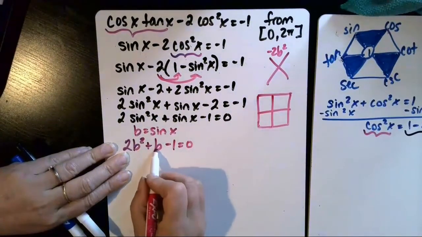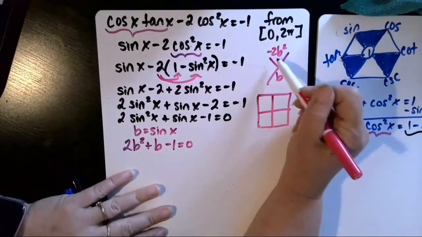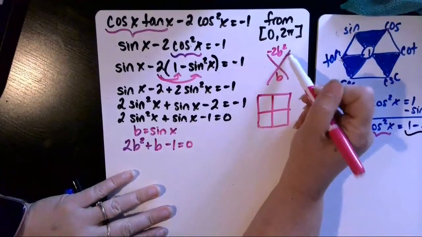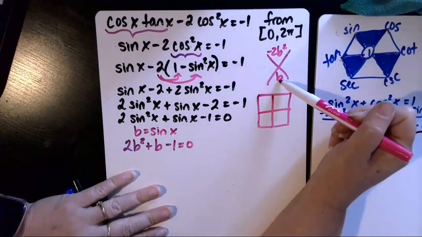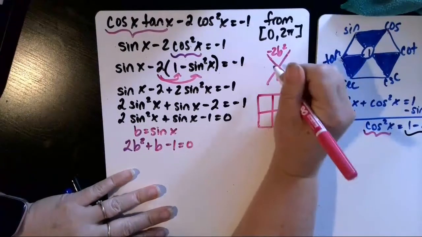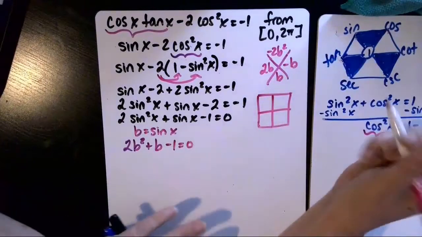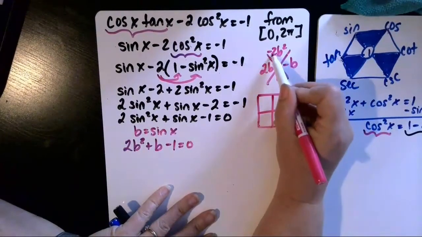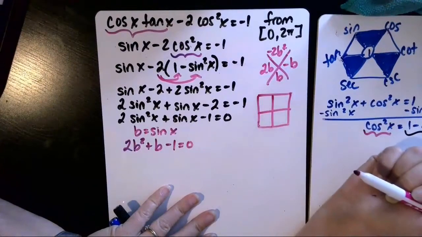Then your middle term, the b, goes in the bottom of the crisscross, and you ask yourself what are the factors of negative 2b squared on the top that add to equal this b on the bottom. That would be 2b times negative b. 2b times negative b is negative 2b squared, but 2b plus negative b is b on the bottom.